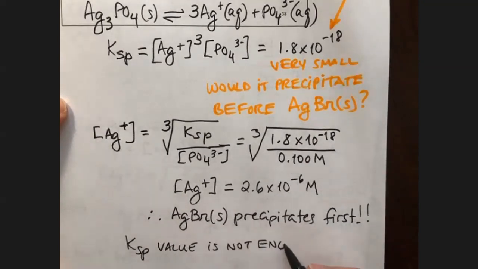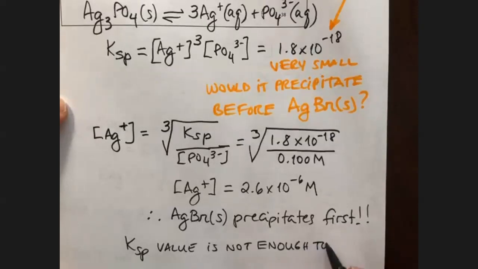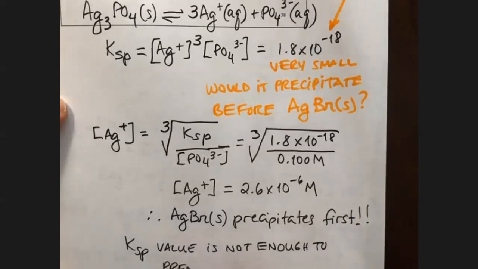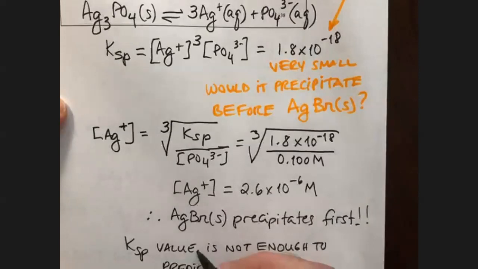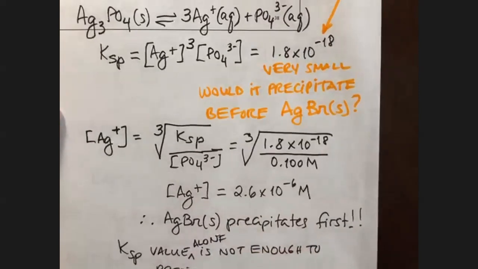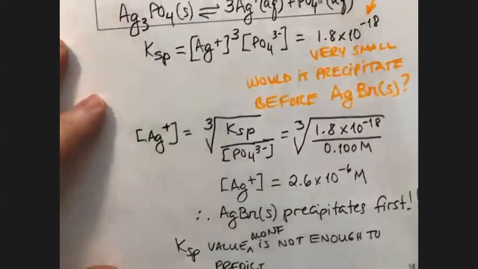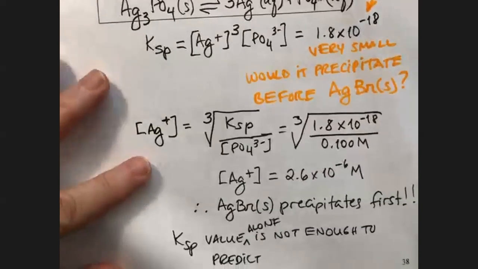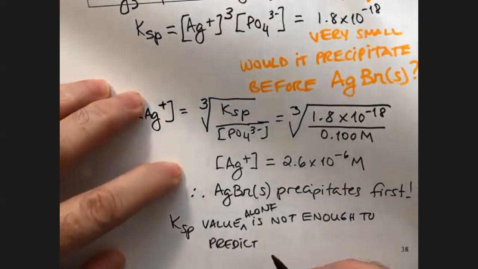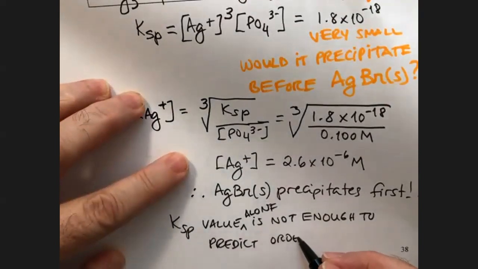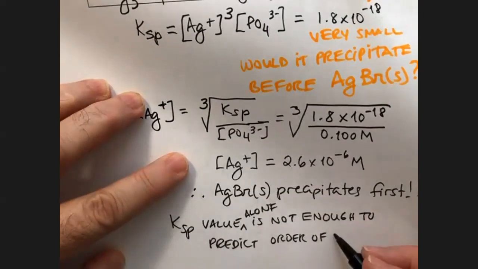It's not sufficient. Well, let's see, KSP value alone is not enough to predict the order of precipitation.